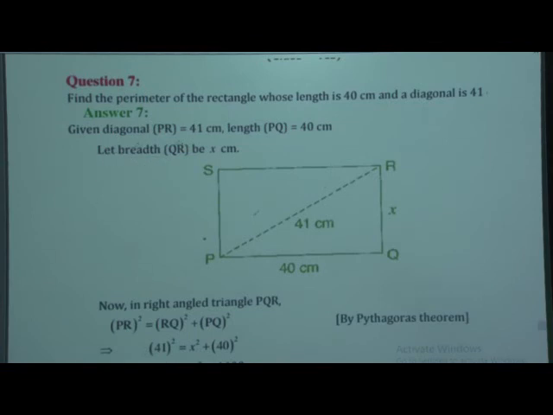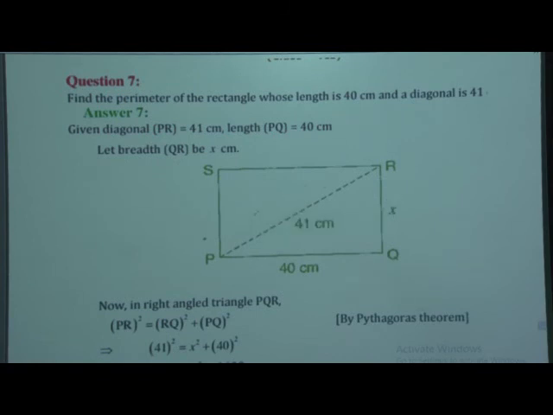Given diagonal PR is 41 centimeter and PQ is given as 40 centimeter as the length. So now let the breadth QR be x. We can take any alphabet as a variable.